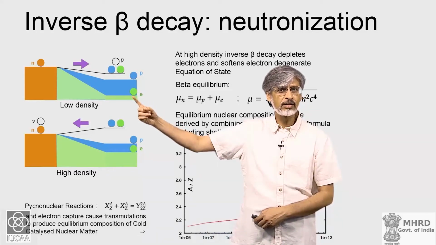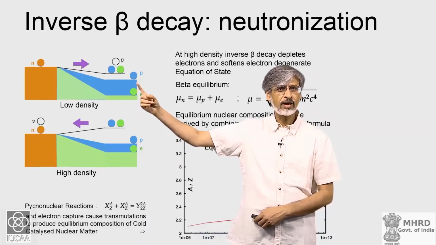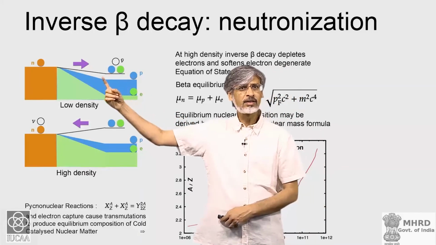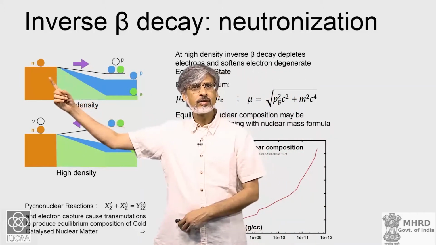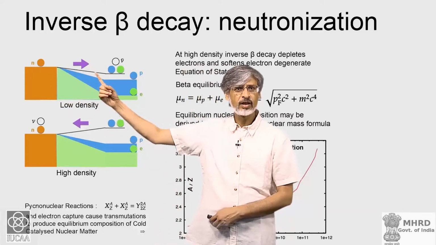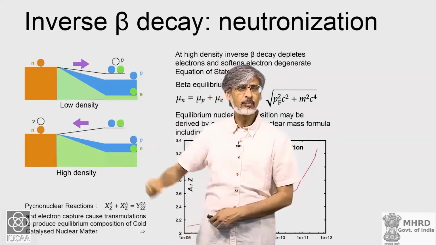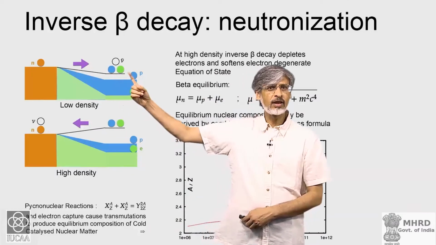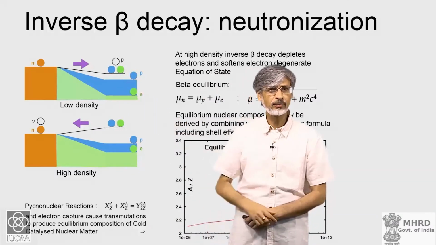So, the total energy, the rest mass plus Fermi energy, is somewhere here, and as long as the total is still less than the neutron rest mass, the neutron will prefer to decay and produce a proton, an electron and an antineutrino.